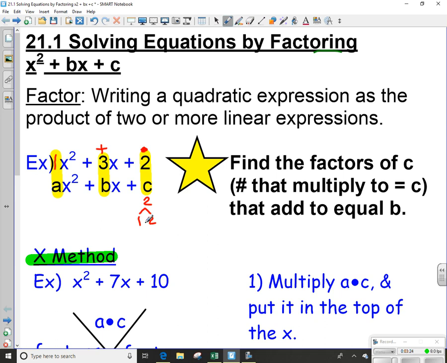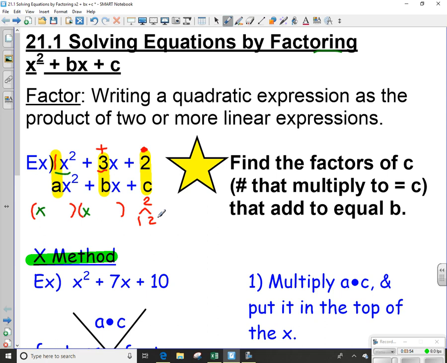Okay, well if I add 1 plus 2, that does give me this 3 in the middle. So one way you can do it is I know I'm going to have my two sets of parentheses because that's what I'm trying to get back to. Now, I also look at this x squared. The way I get an x squared is by taking x times x, because remember, they both have understood 1s on them as the exponent. x times x gives me the x squared.